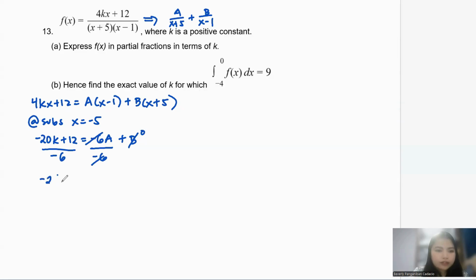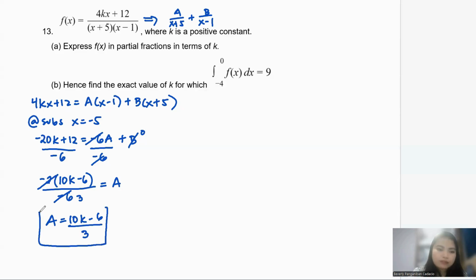Okay, negative 2 there, and then we will have a positive 10k, and then you will have a negative 6 and the negative 6. Hopefully you can follow. I'm just going to factor it out so I can have the simplest form. And yeah, that will be my a. My a will be equal to 10k minus 6 over 3. I just simplified that, my dear.